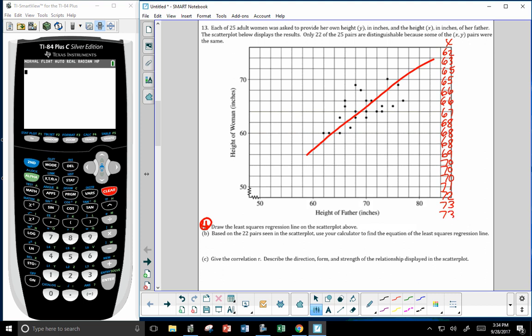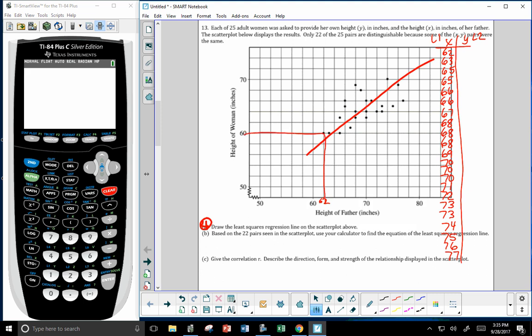And we have 69, 68, 63. 64, 66, 66. Then I have 64, 64, 65. Okay, we have 70, 65. And then 69, 66. So that's all 22 points that we can see.